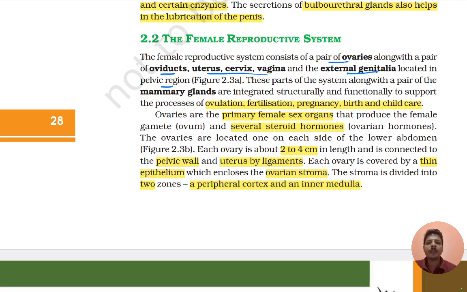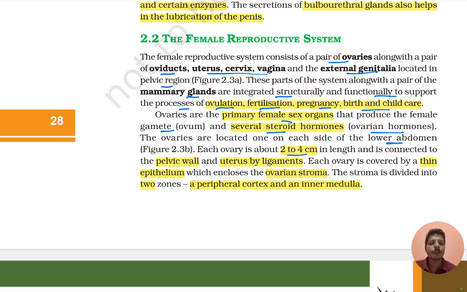This system, along with a pair of mammary glands, is integrated structurally and functionally to support the processes of ovulation, fertilization, pregnancy, birth, and childcare. The ovaries are the primary female sex organs that produce female gametes as well as several steroid hormones, or ovarian hormones. The ovaries are located one on each side of the lower abdomen.